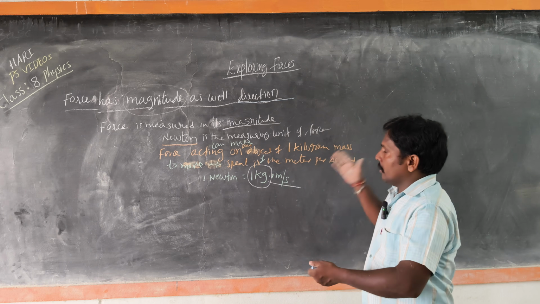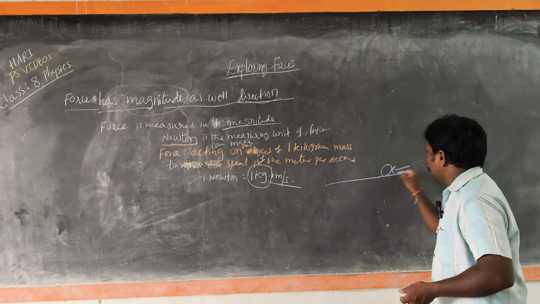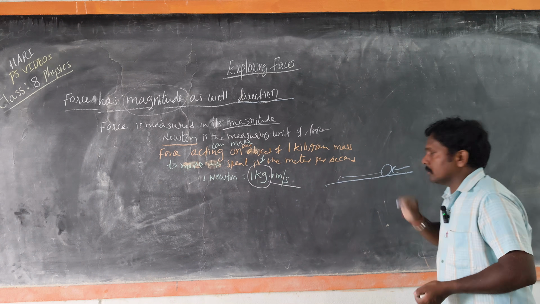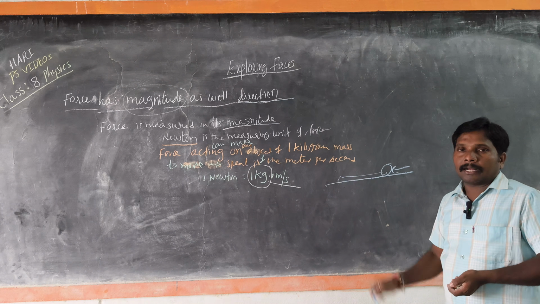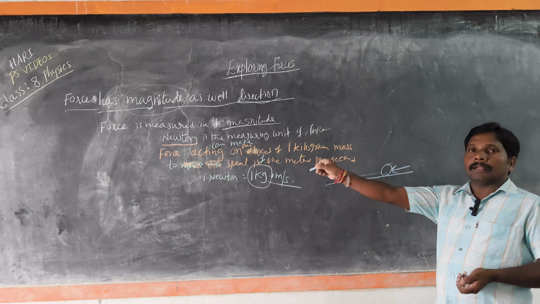Or when we kick a ball, what will happen? It moves in a particular direction. The ball is moving in a particular direction because the force is applied in that direction.